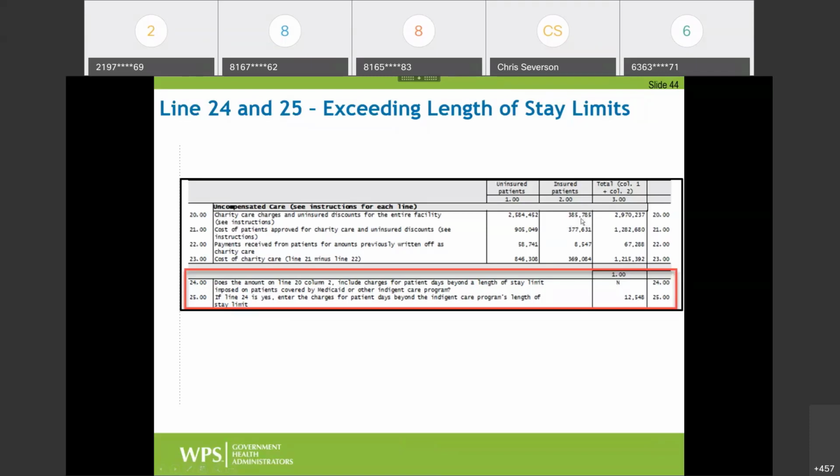Because generally this number would not be subject to the cost charge ratio unless you put some charge amount in there. That's what this whole mechanism is for.